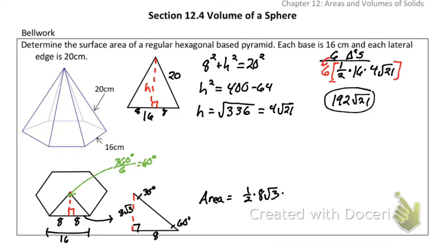Well, our perimeter would just be our side length, which is 16, times the number of sides. We have 6 sides. That is our perimeter. This is our apothem. And that is going to equal 384 square root of 3.